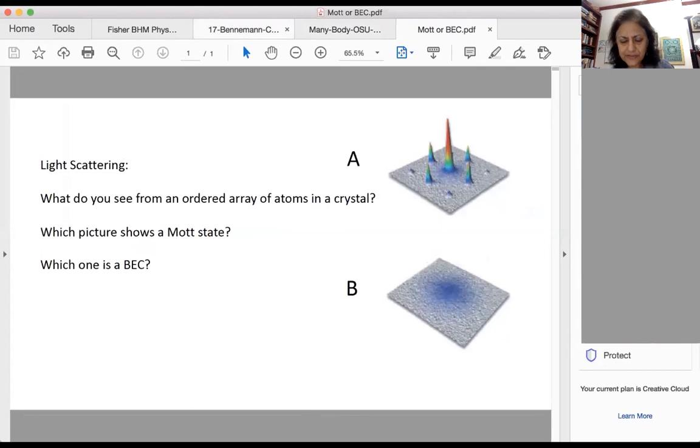I know I saw a response from Brad and Saad. Anybody else responded? Can you quickly respond whether A is a superfluid or B is a superfluid? There are like 14 of you now here.